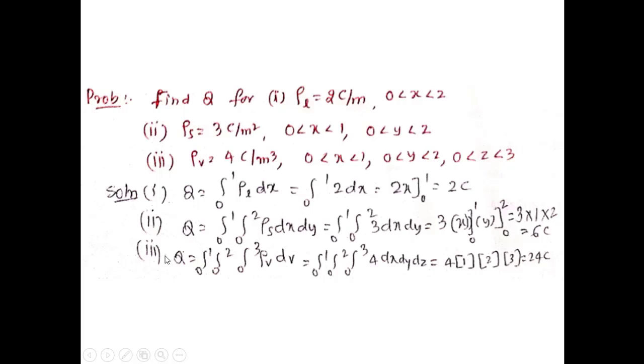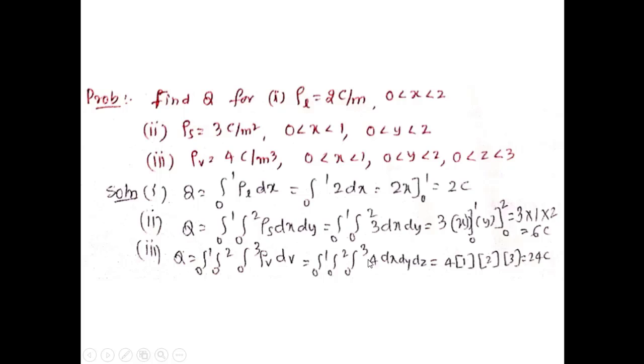Similarly, rho v is given as 4 coulomb per meter cube. Therefore, q is given by triple integral of rho v dv, where rho v is equal to 4 coulomb per meter cube, and dv is dx dy dz, and the limits x is varying from 0 to 1, y is varying from 0 to 2, z is varying from 0 to 3.